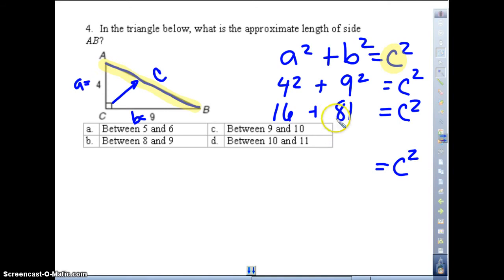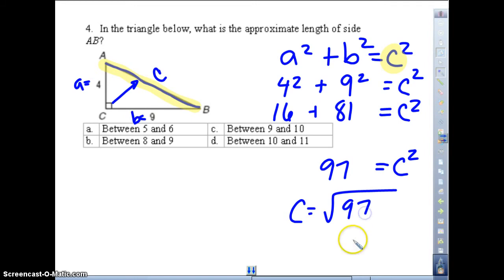So we get 97. So C is the square root of 97, which is just shy of the square root of 100, which is 10. So this is just going to be a little bit less than 10. So I know the side length has to be what? Yeah, between 9 and 10.